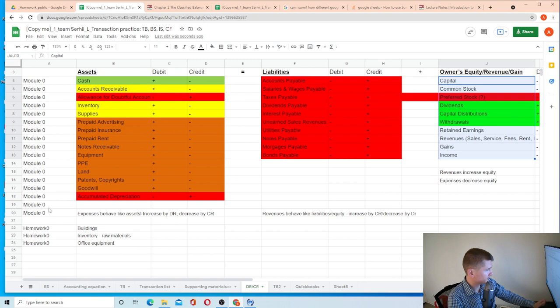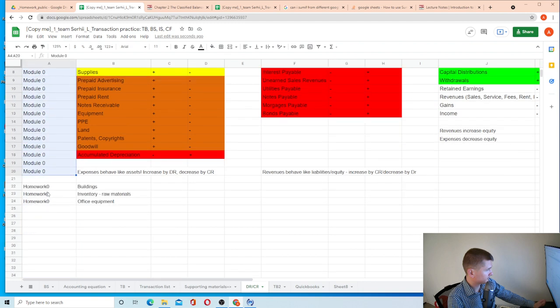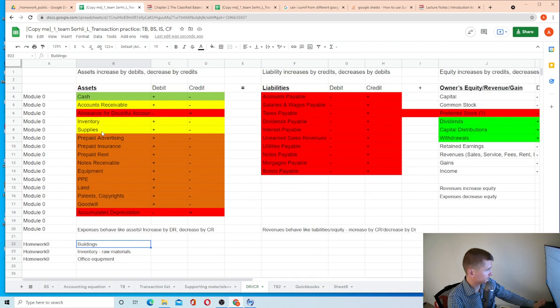If you note, I added a column here, part of which says Module 0, and then I added homework 0. That is a small tip about how to do your homework. I went through the tasks in the homework and I added balance sheet accounts which were not already included here.